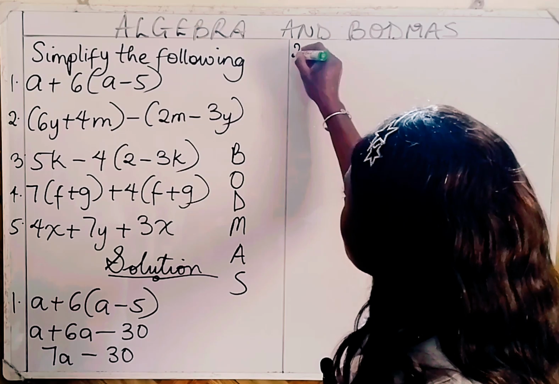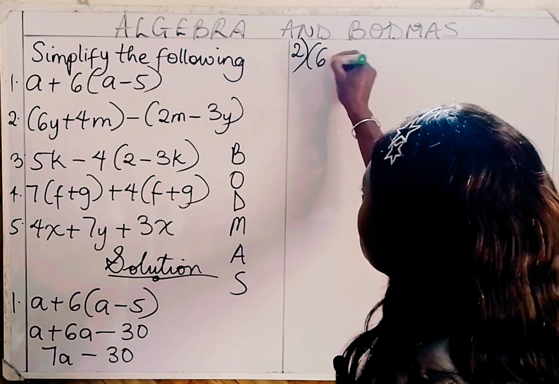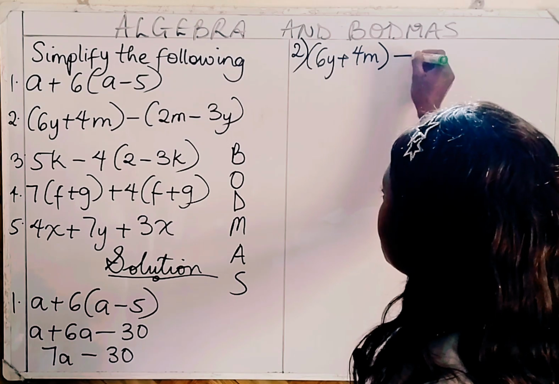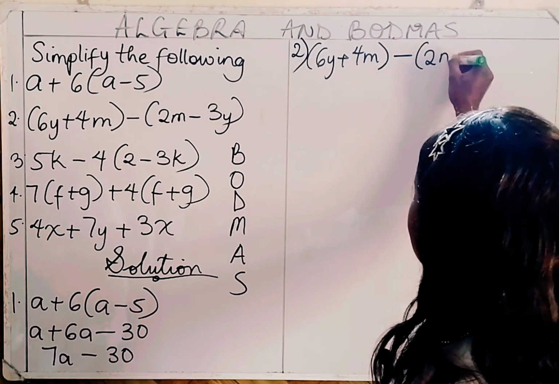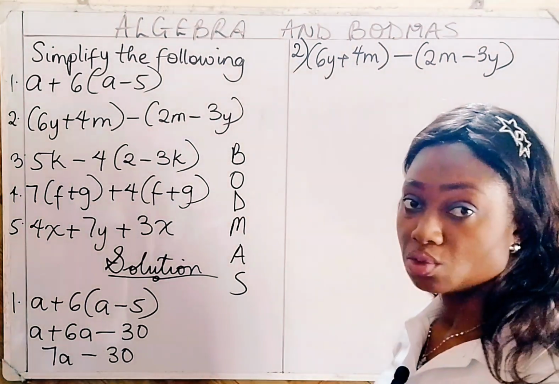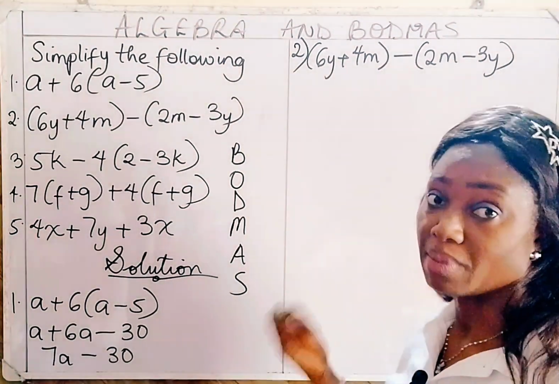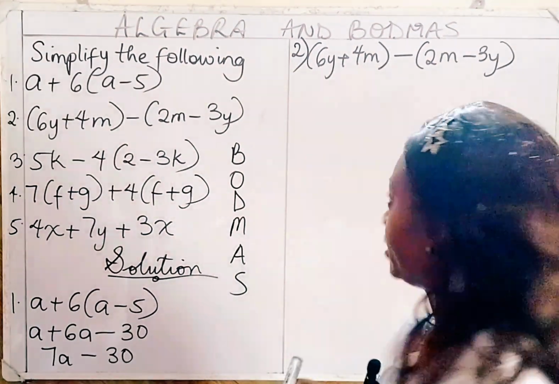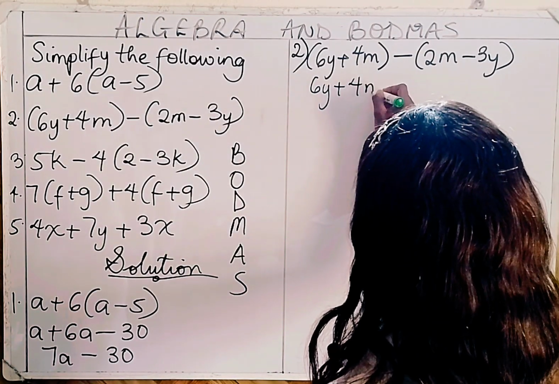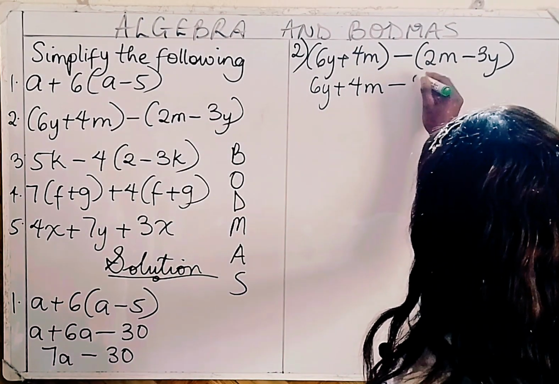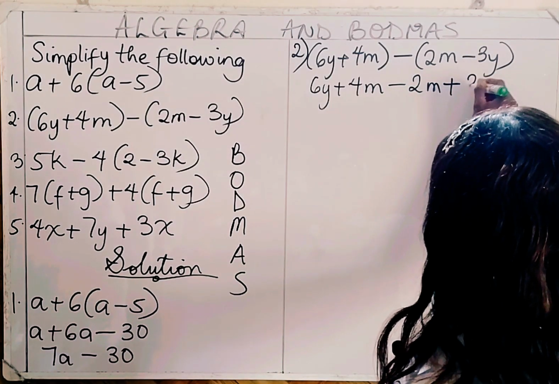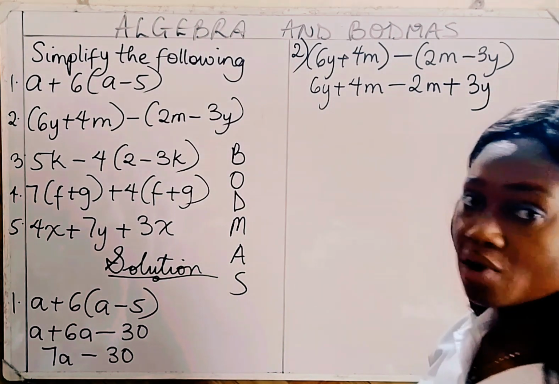Now, question 2. We have 6y plus 4m into brackets minus 2m minus 3y. So what we do here is we're also going to open the brackets. We're going to expand it by opening the bracket. And then we have 6y plus 4m minus 2m minus times minus gives us plus 3y. From here we do what?